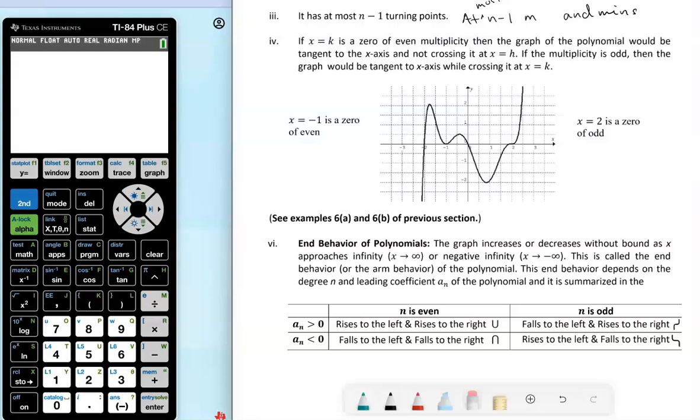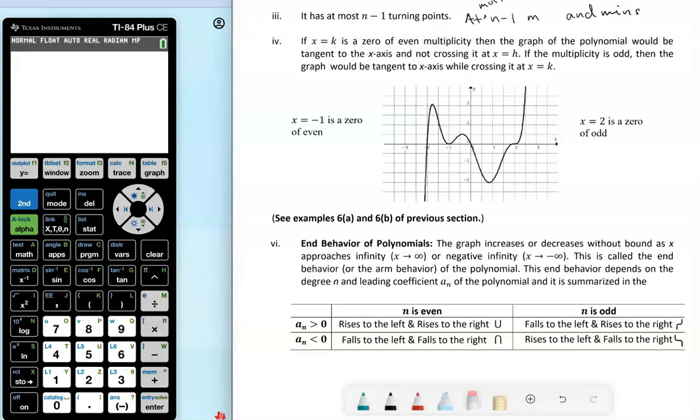Now, if you remember from one of our earlier sections, we talked about flips and reflections. So sometimes x can go to negative infinity, but the polynomial is increasing without bound. So it's a matter of looking at the graph and looking at the coefficients and determining what's going to happen.